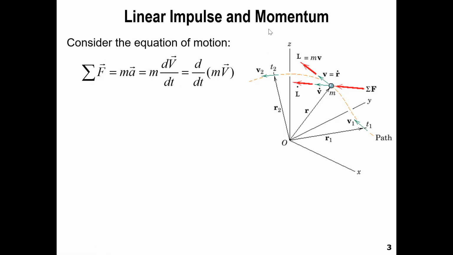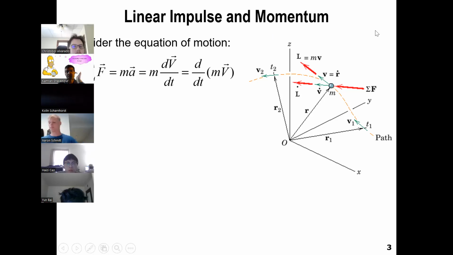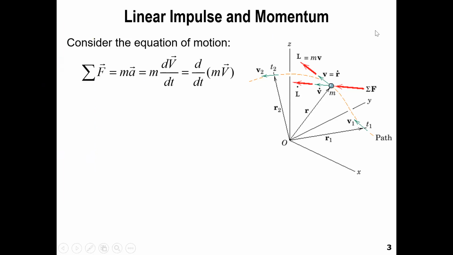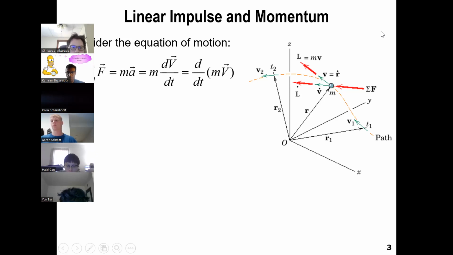You know from your calculus that, because m is a constant, I can take m inside this differential and make it the differential of mv as a whole quantity, which is what we did here. Technically, this part of the equal sign and this part of the equal sign are the same. So from ma, I will turn it to d/dt of mv. Any question up to here? How we get that? That's basic, right?